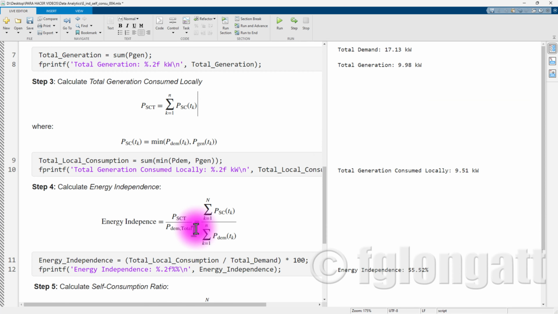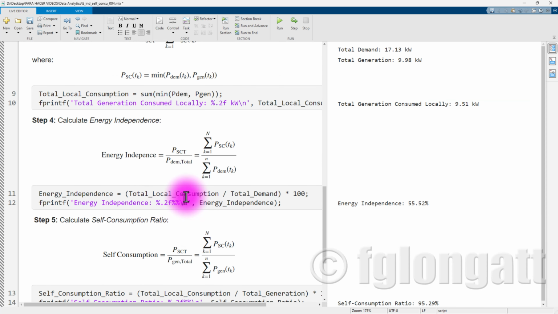So we are dividing 9.51 kilowatts by 17.13. We obtain an energy independence of 55.52%.